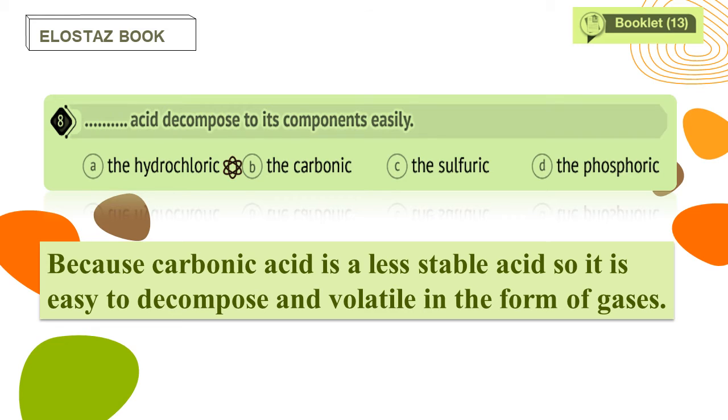All these are stronger than carbonic acid, which is a weak acid that ionizes easily or decomposes to its components easily. Okay, this is also one of the cumulative knowledge items that we studied before. Let's go to question 9.